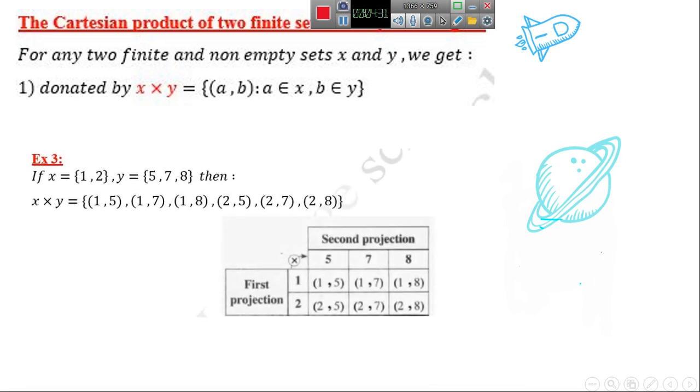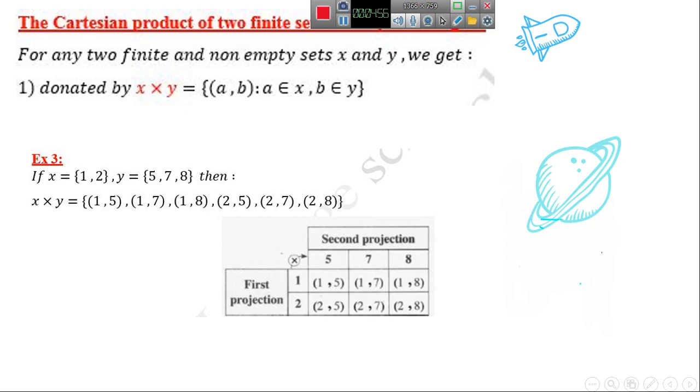Here, if we have two sets, x equals the set of two elements, 1 and 2, and y equals the set of 3 elements, 5, 7 and 8, let's find x cross y. To find x cross y, we need to pair the first element, 1, with all the elements of y. That means (1, 5), (1, 7), then (1, 8).